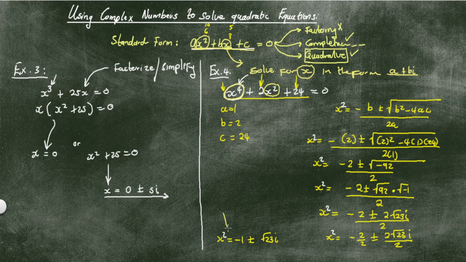So when we get to the last solution, we take the square root on both sides, and don't forget the answer should be a plus or a minus. So x now becomes plus or minus the square root of minus 1 plus or minus square root 23 i. This is the final answer.